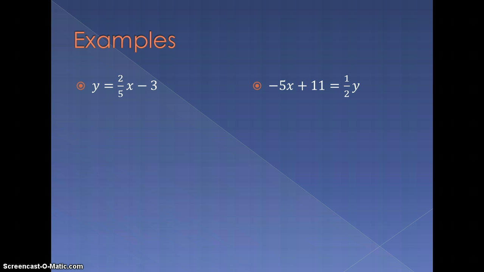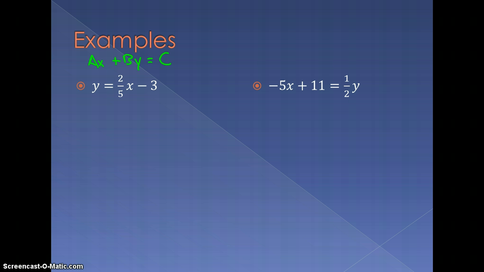We'll start by giving you the equations of a couple of lines, and we'll write them in standard form. The next couple of slides, we'll actually write the equation and then put it in standard form. The first one given to us is in slope-intercept form, y equals 2/5 x minus 3. And again, remember, ax plus by equals c is our standard form.